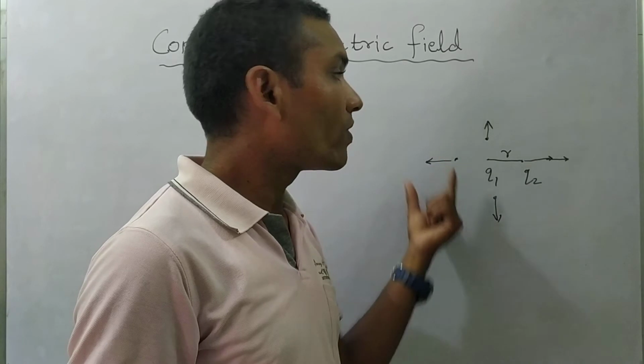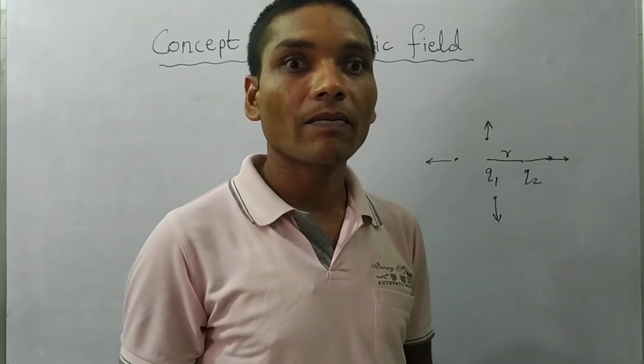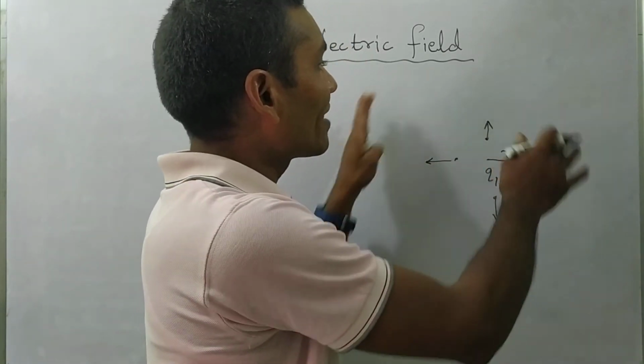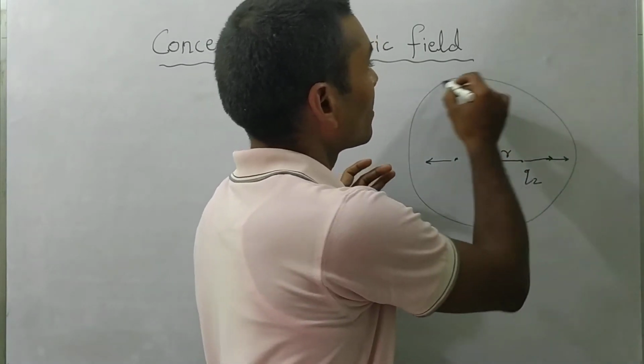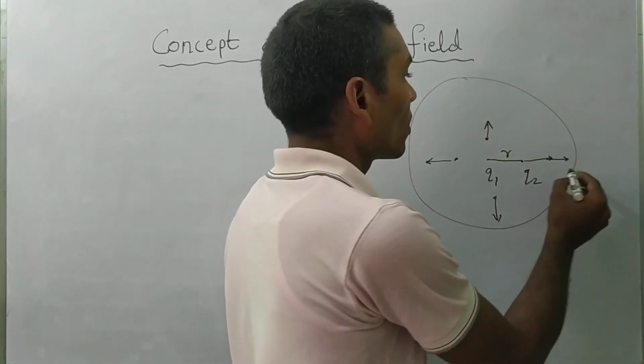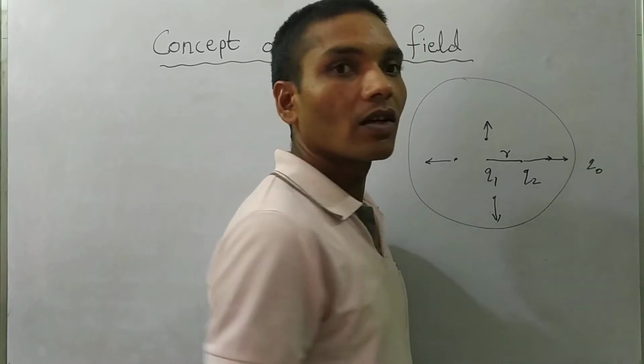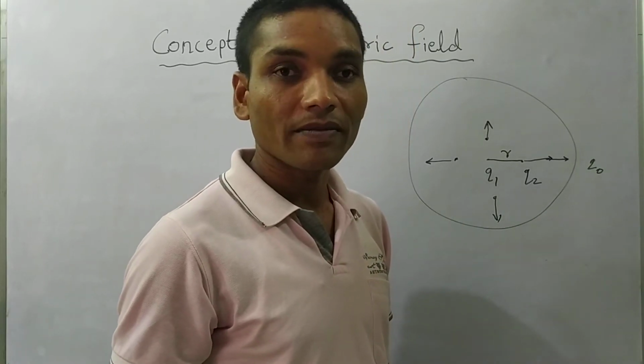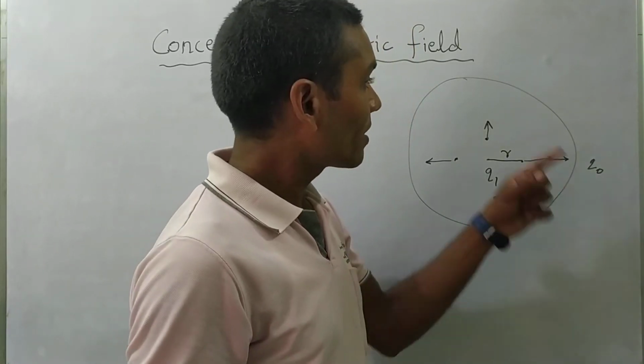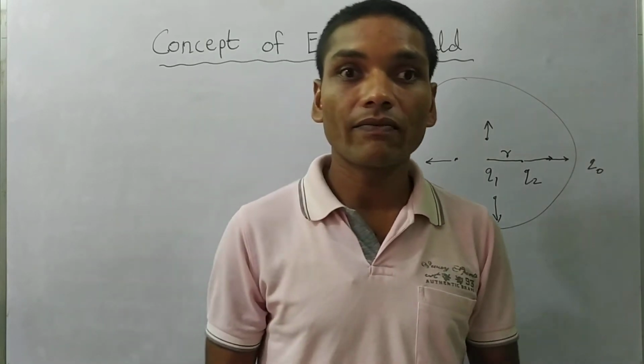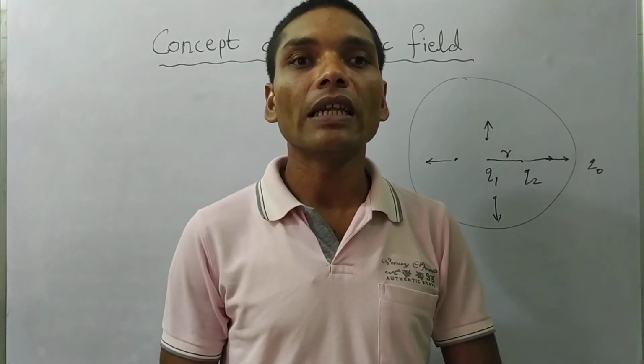This field is called the electric field. Outside this electric field, the electrostatic force on Q2 is not there. This electrical environment is called the electric field. This is the concept of electric field.